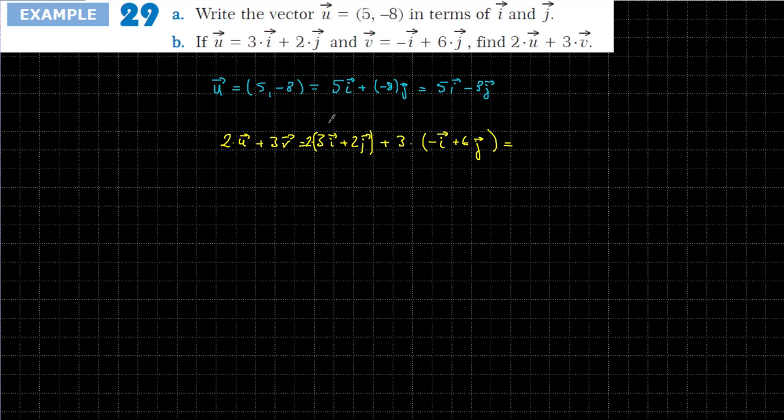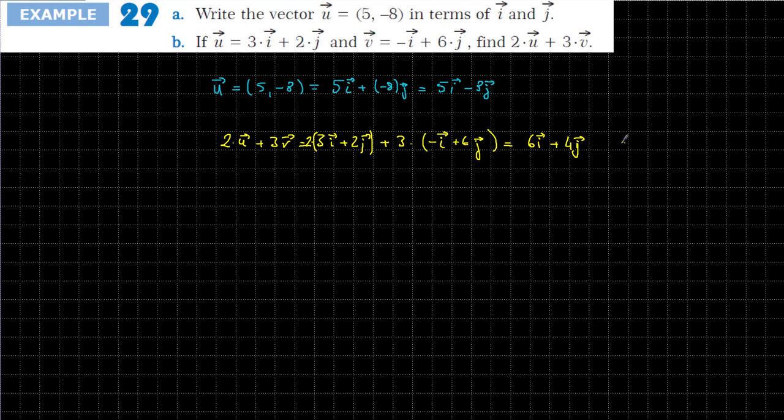Here I think we can use the distribution law, as you know that one. We can use the distribution law. Here 2 times 3i is equal to 6i vector, plus 2 times 2 is equal to 4j vector.